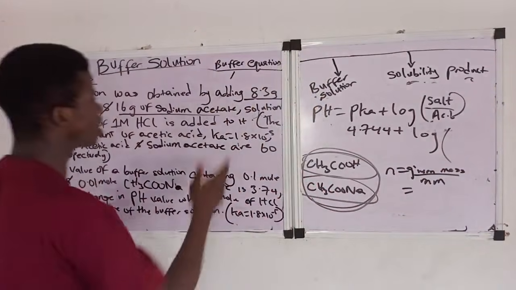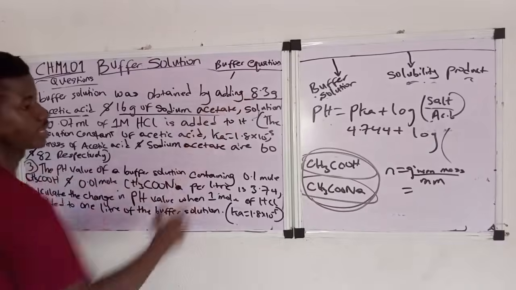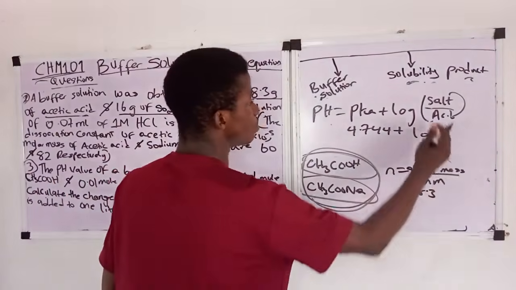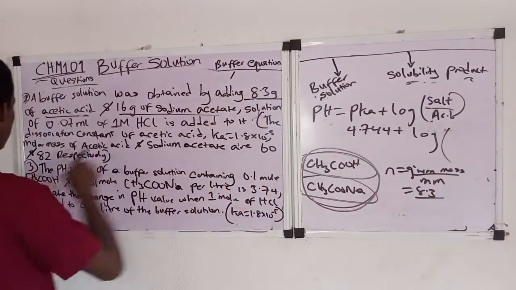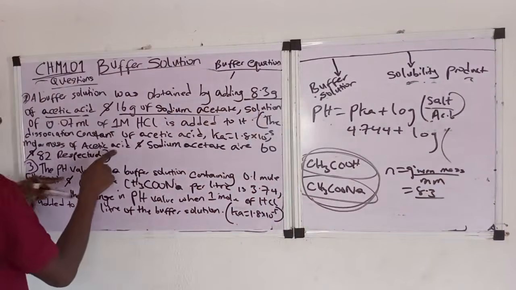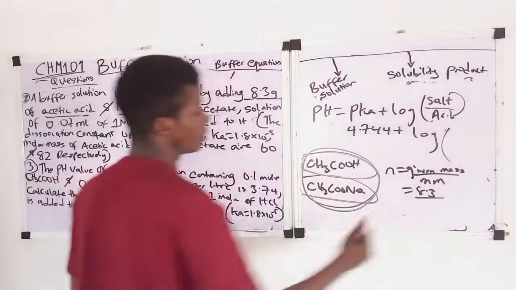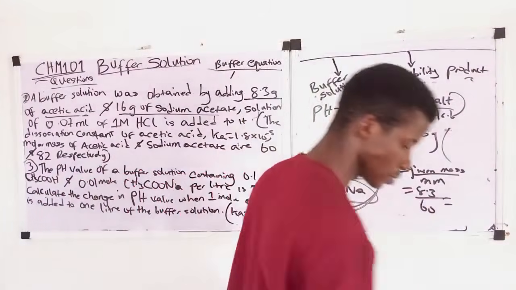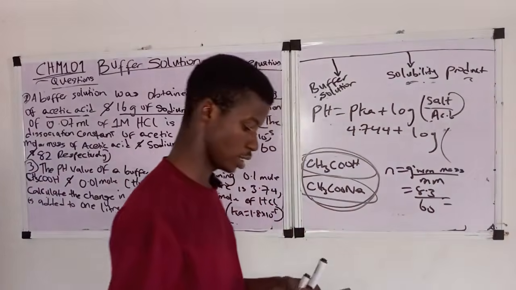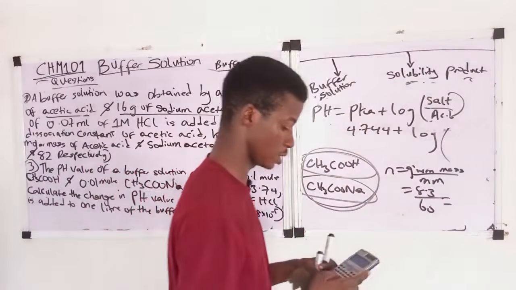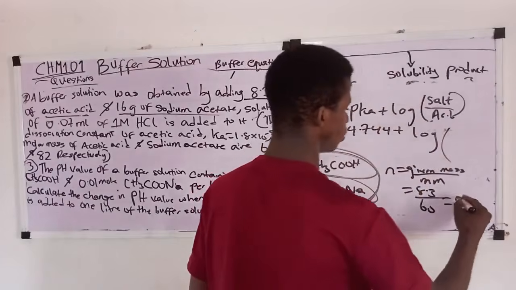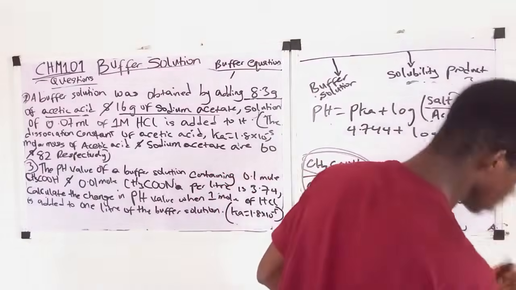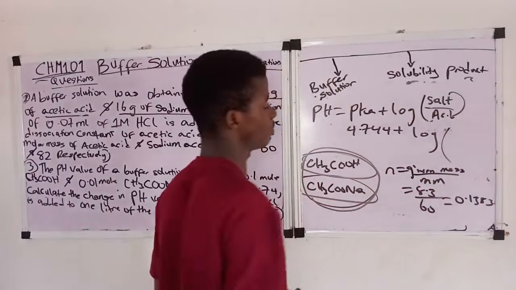The given mass of acetic acid is 8.3, and the molar mass is 60. So 8.3 divided by 60 will give us 0.1383. So this is the mole of the acid.